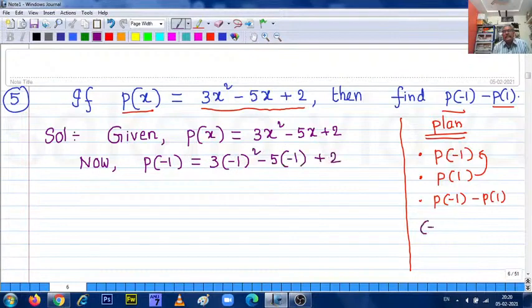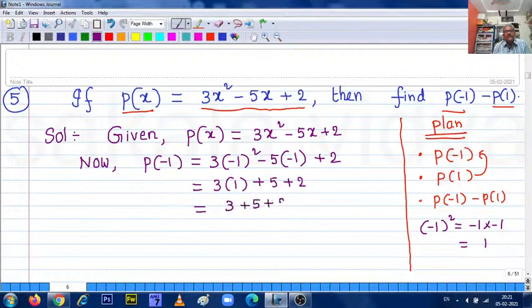Minus 1 square means minus 1 into minus 1, so you get plus 1. So that is 3 into 1 minus 5 into minus 1 plus 2. So we have 3 plus 5 plus 2. That is 3 plus 5, 8, plus 2, 10. That is p of minus 1. Right, Swarupini? Very good.